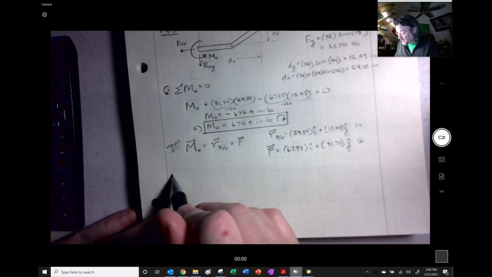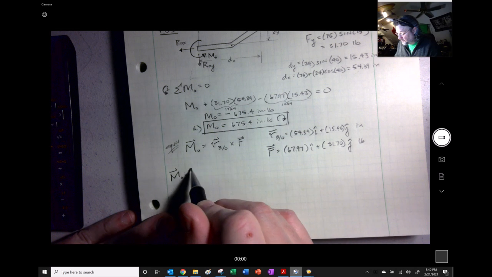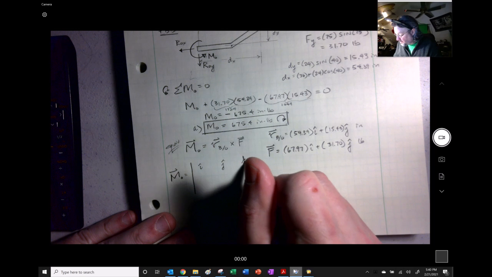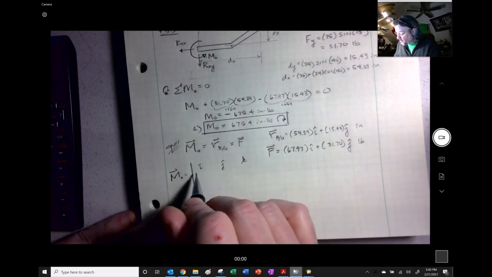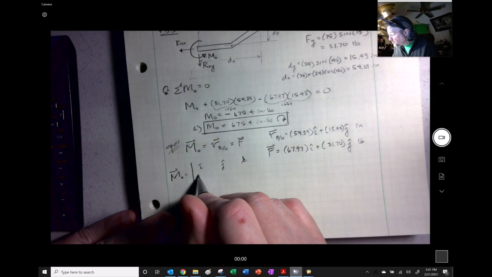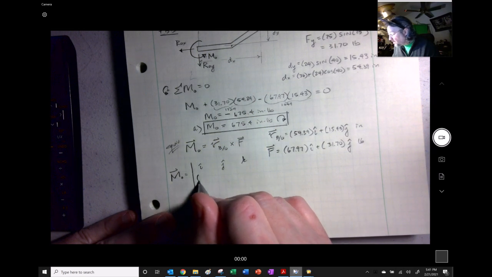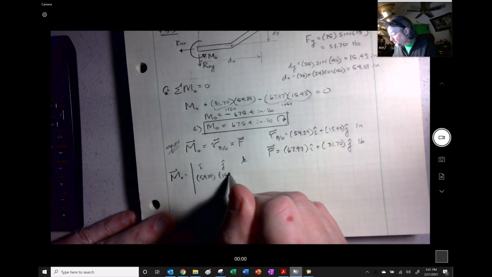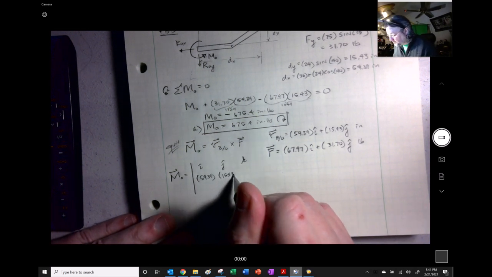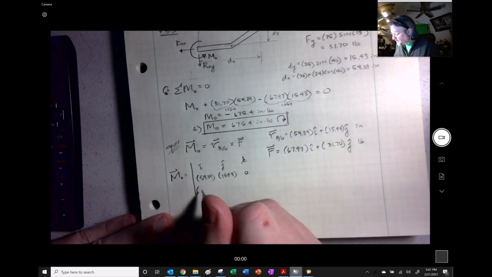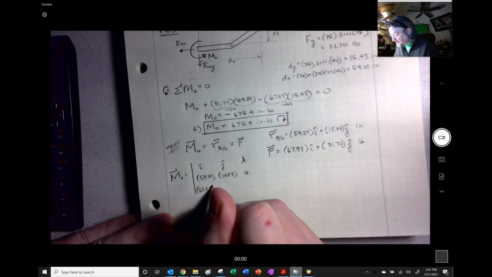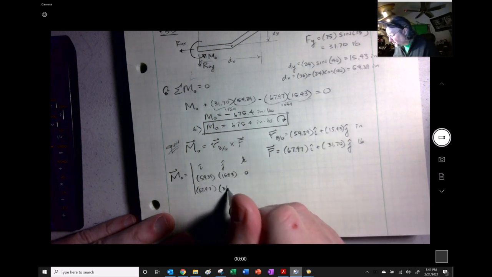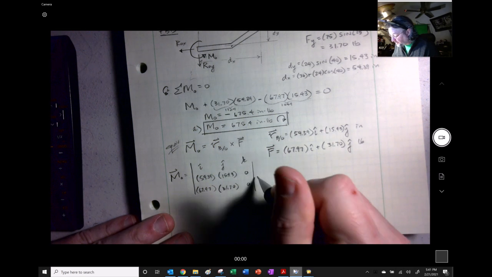So I set this up as the determinant of i, j, and k. The position vector goes across: 54.39, 15.43, and 0. Then the force vector: 67.97, 31.70, and zeros in the k's.